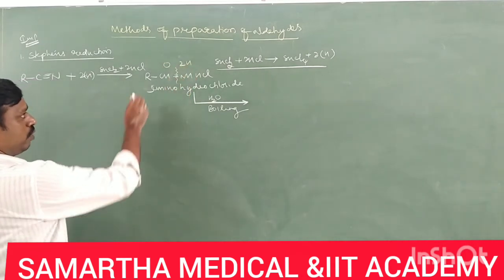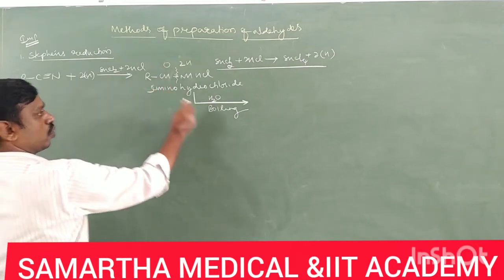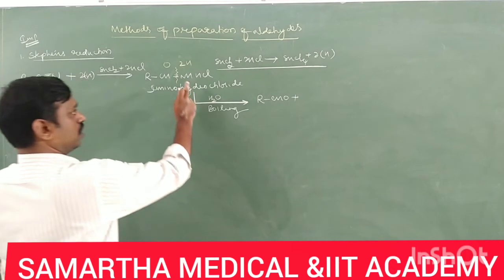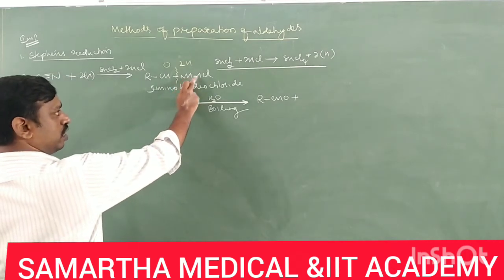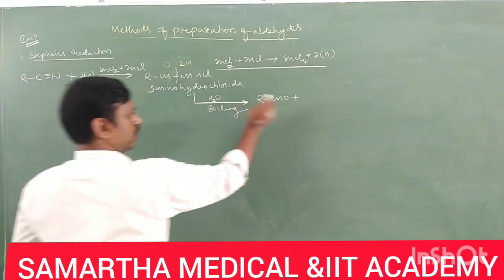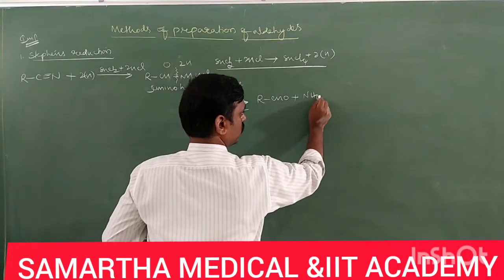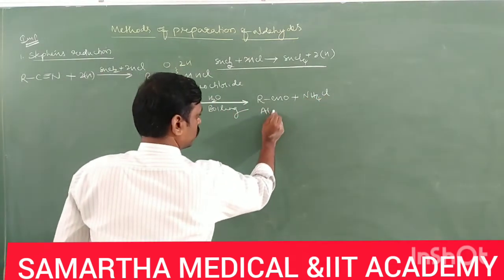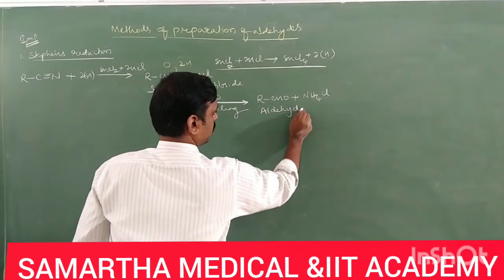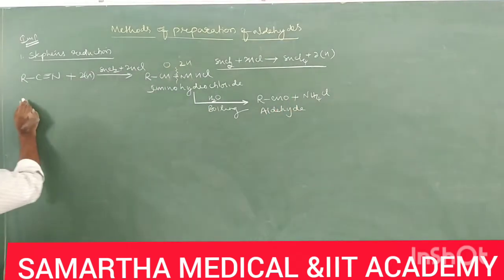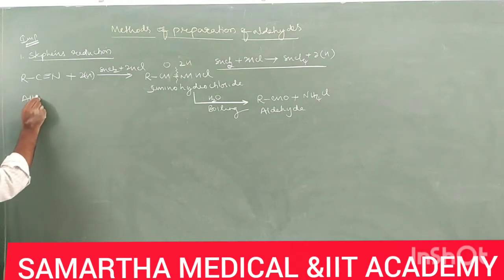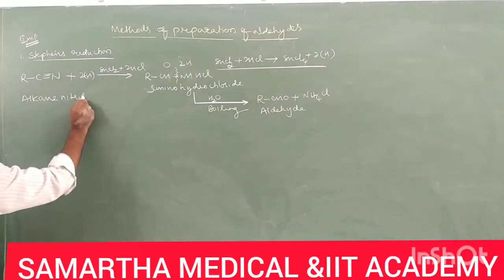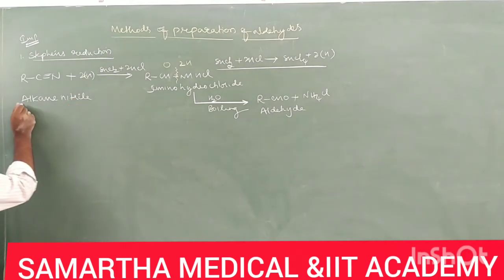So it becomes RCHO, which is an aldehyde, plus NH and NH2 and 2 hydrogen, it becomes NH4Cl. So this is an aldehyde. This whole reaction is called Stephen reduction.